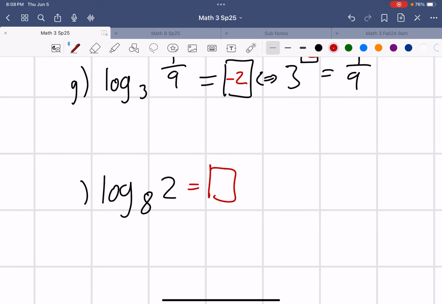Lastly, 8 to some power has to give me 2. Once again, the only way I've ever seen 8 become a 2 is with a cube root of 8, which we know the index is the denominator and the power is the numerator. So it would be to the 1/3 power.